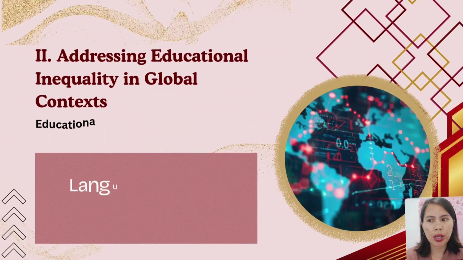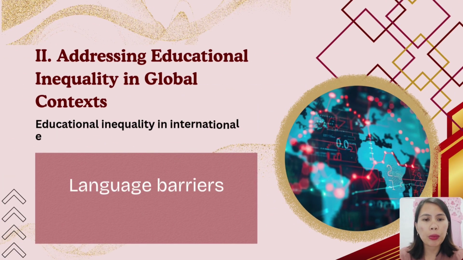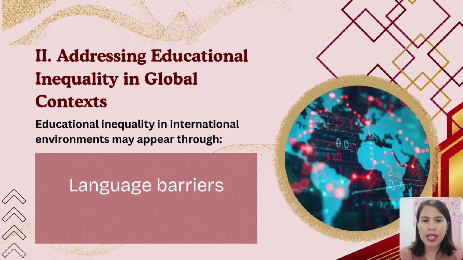Despite progress in education, many students around the world still experience educational inequality. These inequalities can appear in different ways, such as language barriers. In countries like the United States, immigrant students from Latin America or Asia sometimes struggle because the main language of instruction is English.